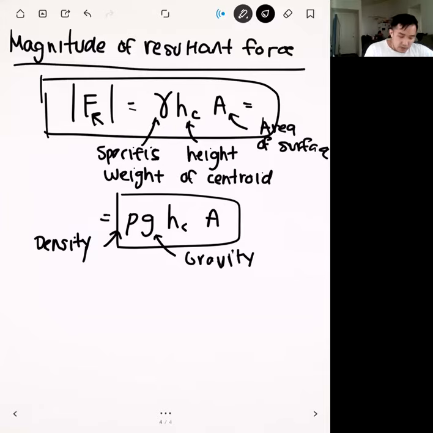Okay, and so I think most of these are pretty easy to figure out because you get the density and the gravity usually from the problem. The area is something that you'll have to read the problem in order to determine, because you need to see whether you have a circular surface or a square surface or a rectangular surface. So I think the one that trips people up the most is this guy, hc. So let's draw a figure just to illustrate what that means.